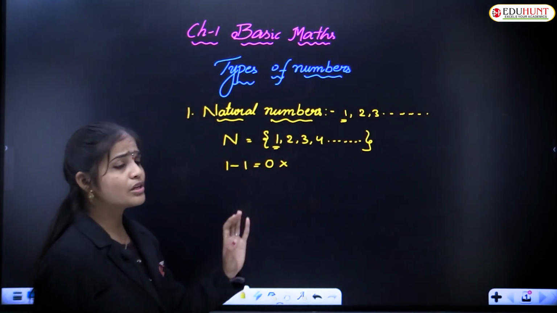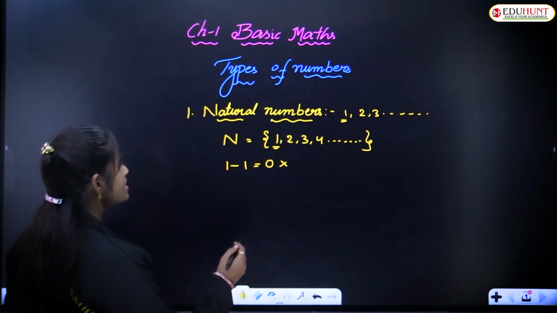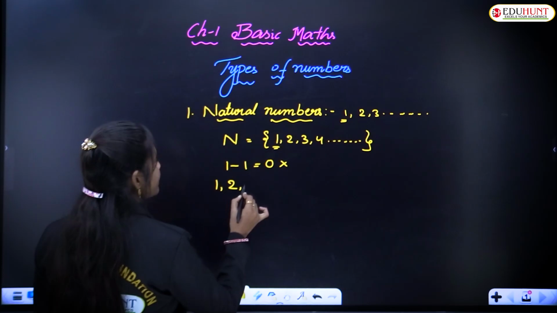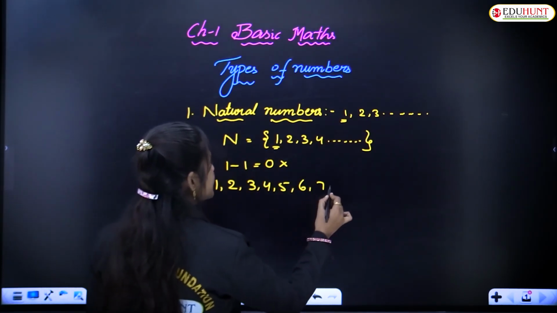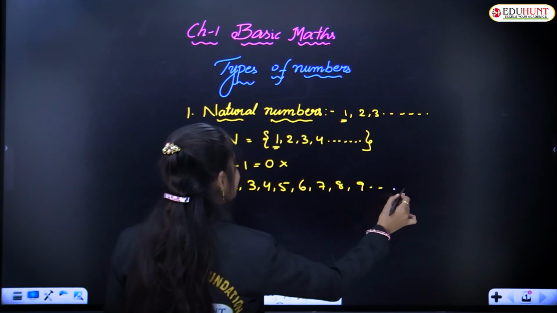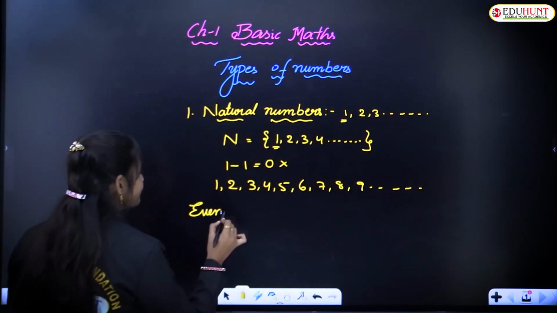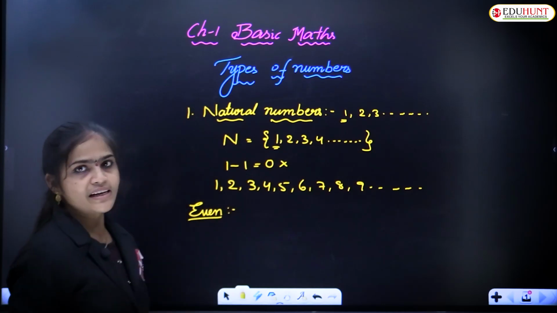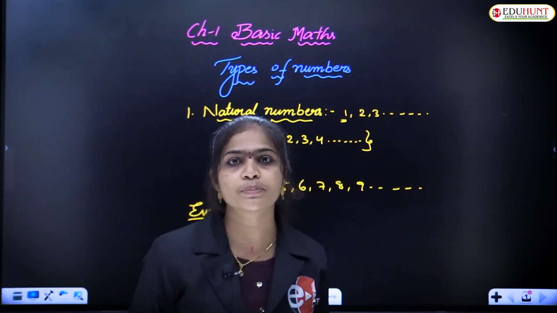Okay. So natural numbers again have different types of numbers. Natural numbers mean starting from 1 onwards, right? 5, 6, 7, 8, 9 and so on. Here the first type is even numbers. Even numbers mean a number which is exactly divisible by 2.